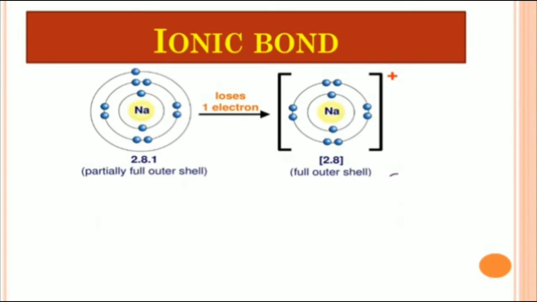Now here, children, see sodium: the outermost shell has only one electron, so it easily loses that one electron and forms the sodium ion, that is, Na plus ion. The octet is then complete. Understood, children?